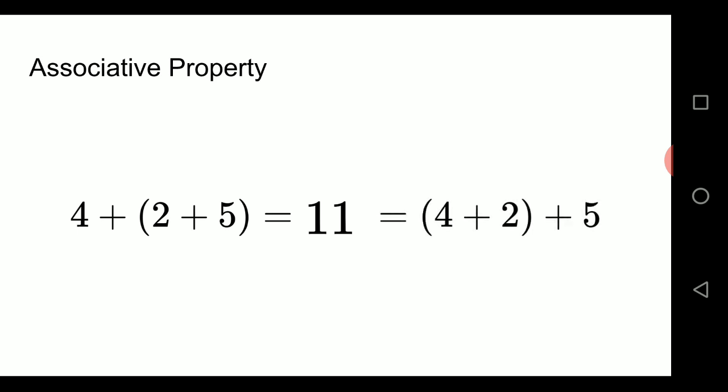I group 4 and 2 and add 5 to it. 6 plus 5 is 11, and here 5 plus 2 is 7, and then 4 is 11. So it doesn't change the result. Whichever grouping you do, the result is always going to be 11. This is called associative property.